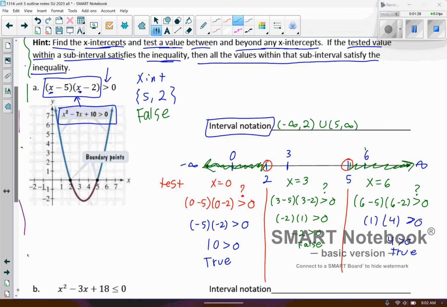You will notice a pattern of true, false, and so on, but that's not always the case, so be careful. Whenever you're testing the sub-intervals, you might feel like it always has that pattern, but it can go true, true, false and so on. We'll see a couple of those later on, but it is true for the most part. It does go back and forth.